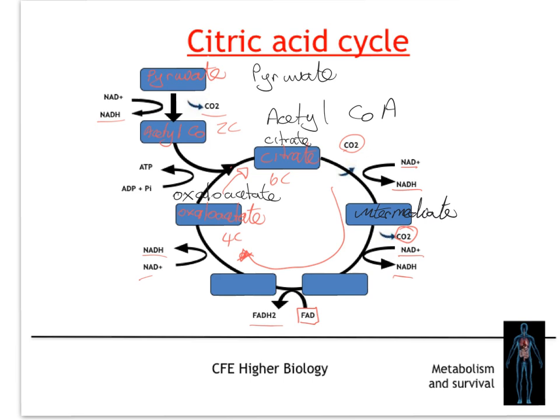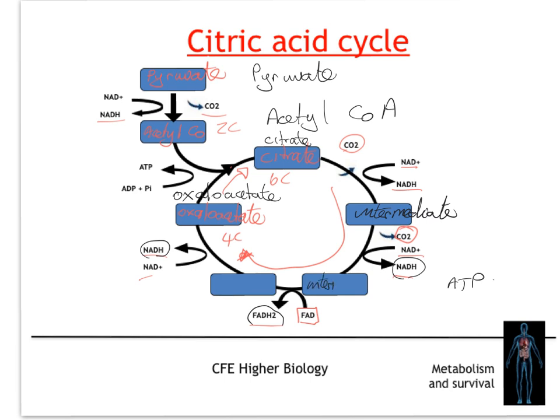And you need to know that at the end of this process, what you're ending up with are these NADHs and the FADH2. Also, a molecule of ATP is produced. But what is important is the idea that you've got these hydrogens and these electrons, because they are going to go on to the electron transport chain, and that is in the next video that we're going to have a wee look at.